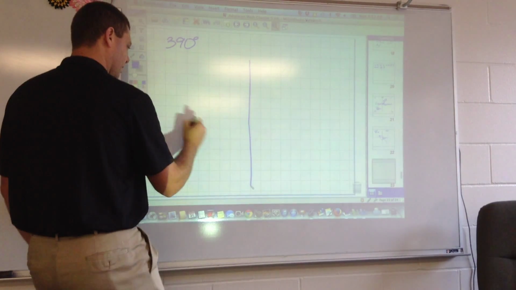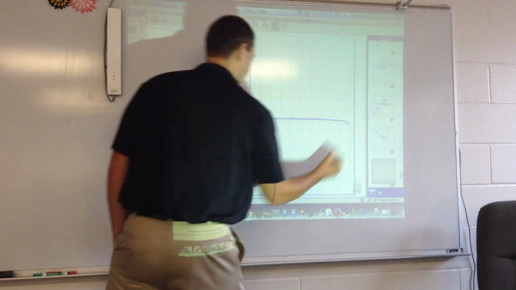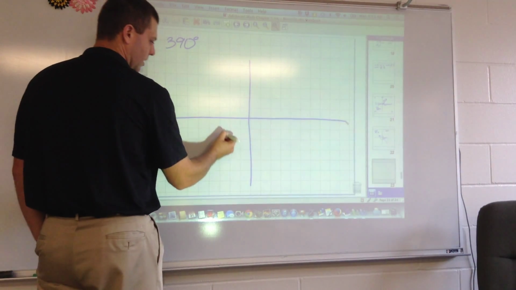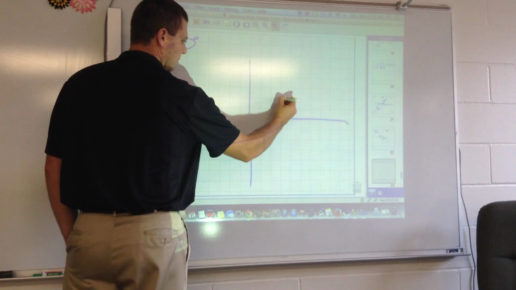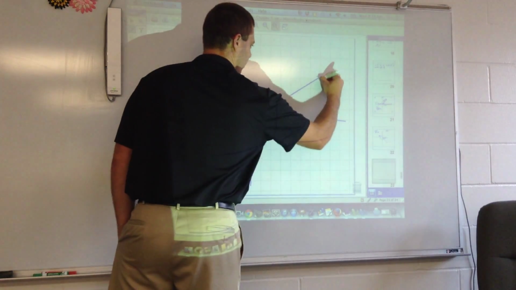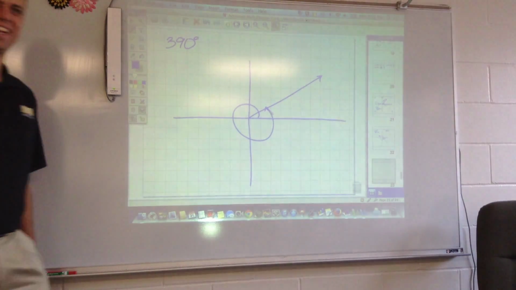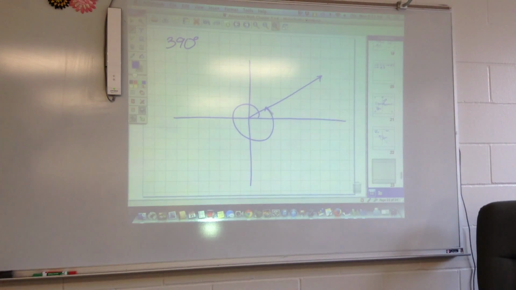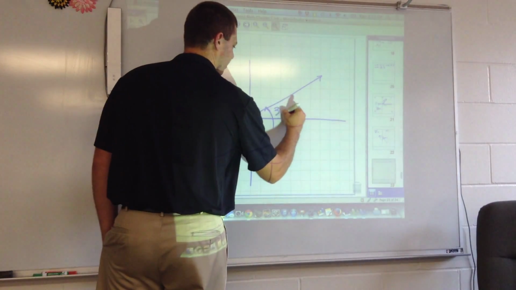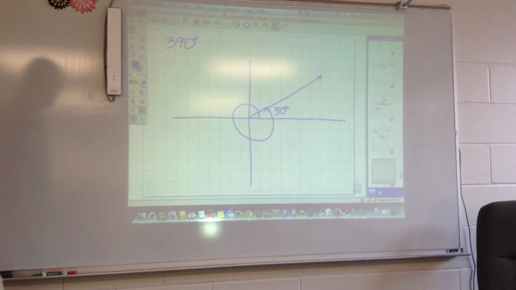It would be a 30-degree reference angle, okay? Because 90, 180, 270, 360, and then it gets me right back up here, okay? So it looks something like this. 390 degrees would get you all the way around the circle once, and then plus another 30 degrees, okay?